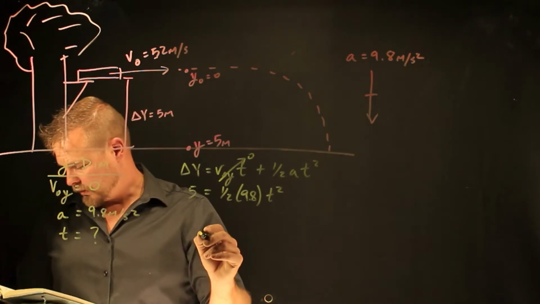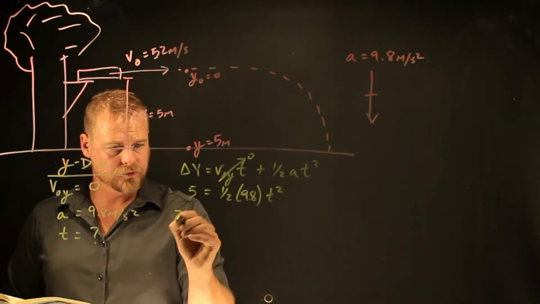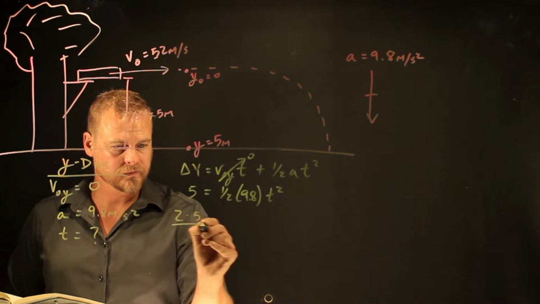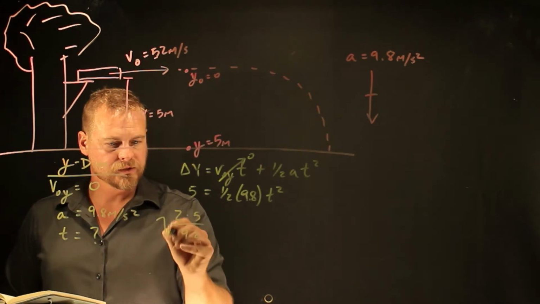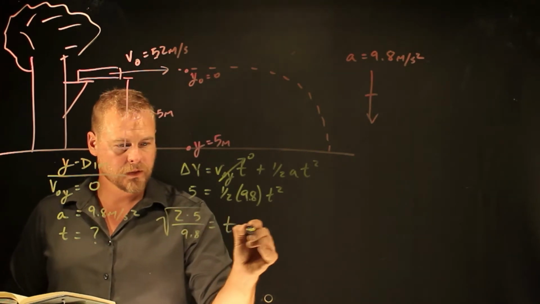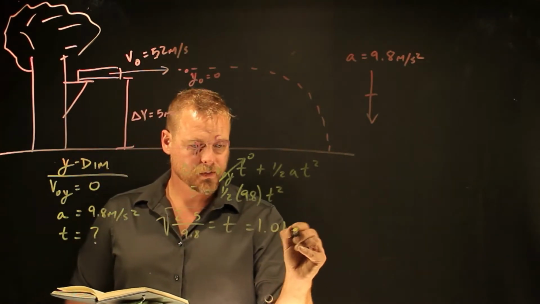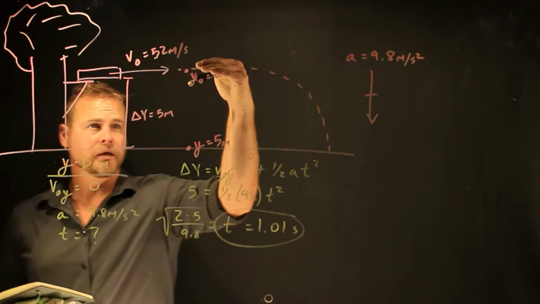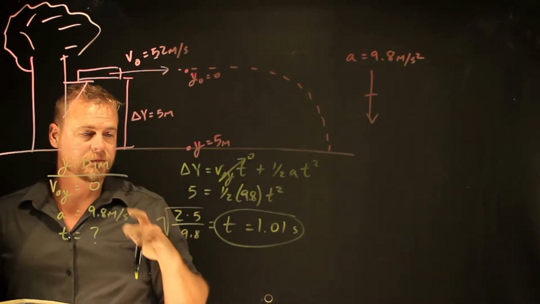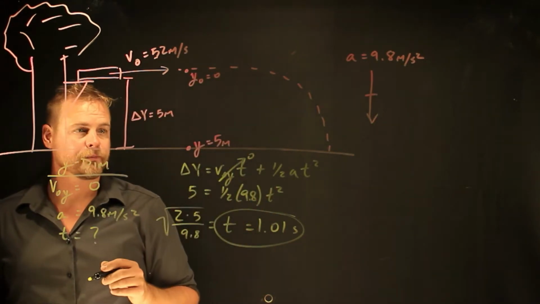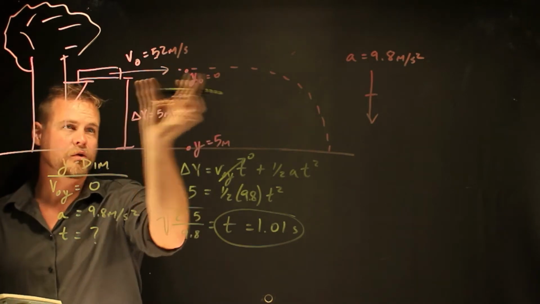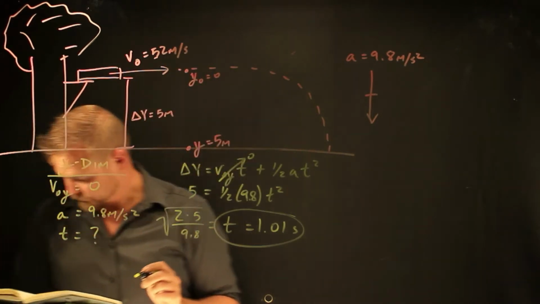And so this becomes the square root of 2 times 5 divided by 9.8, equal to t, which is 1.01 seconds, is basically how long it's going to fall in the y dimension. Remember that this velocity has no bearing on how long it's in the air.